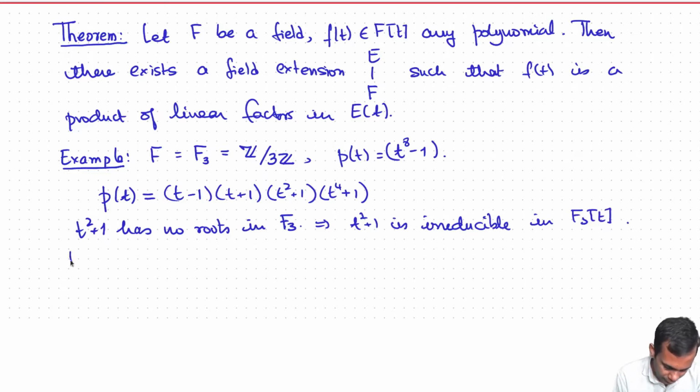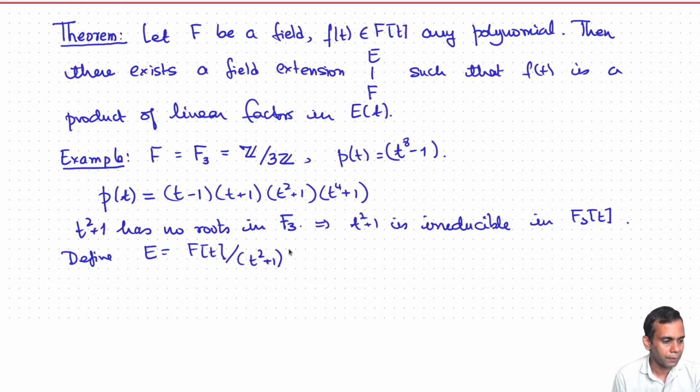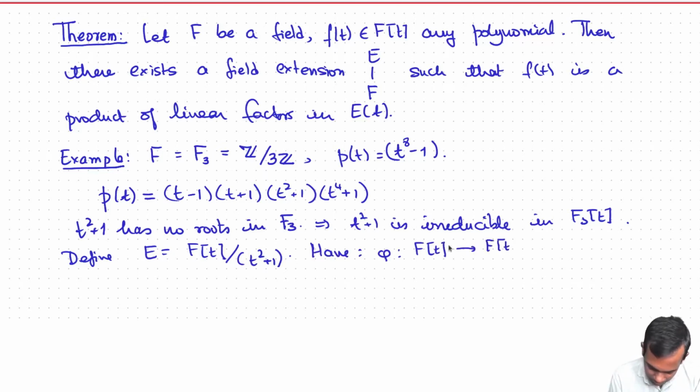So you can define E equal to F3[t] mod t squared plus 1. So let alpha be the image of t in E. So we have the map phi from F3[t] to F3[t] mod t squared plus 1, which is E. And so we'll take t and call its image alpha.